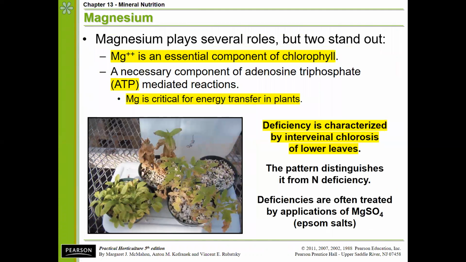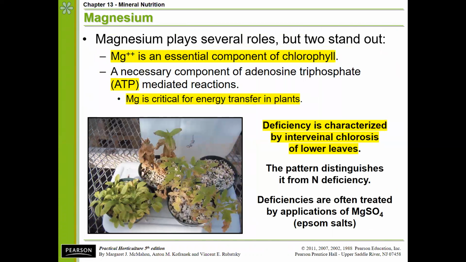And probably the most common treatment of magnesium deficiency is just to apply Epsom salts or magnesium sulfate to the plants. Another one, and I keep saying tomatoes because I've had a lot of experience in growing tomatoes as a cash crop, but we have kind of a tomato planting mix that we would use, and it would involve using things like eggshells and Epsom salts in a pre-plant application when you're planting, in the hole that you've dug.